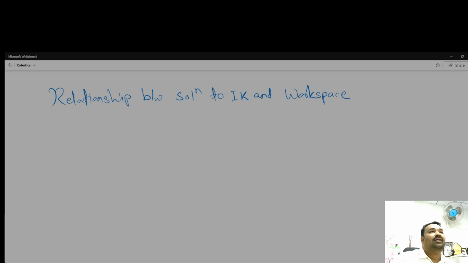Taking the example of a 2R planar manipulator.